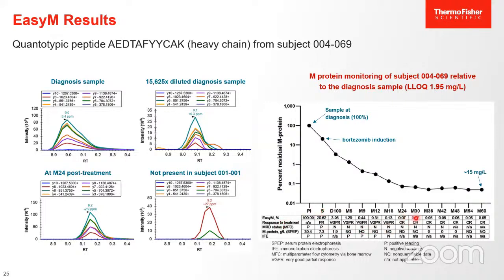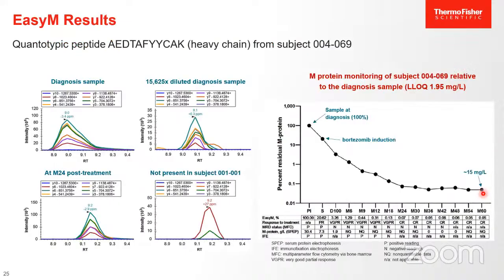But if you look at later stages, the conventional techniques are not so sensitive, or they are not quantifiable. That's where mass spec takes an edge over other techniques. You can detect down to 1.95 mg per liter. That's the lower limit of detection. And now you can see that the patient is safe or completely recovered.